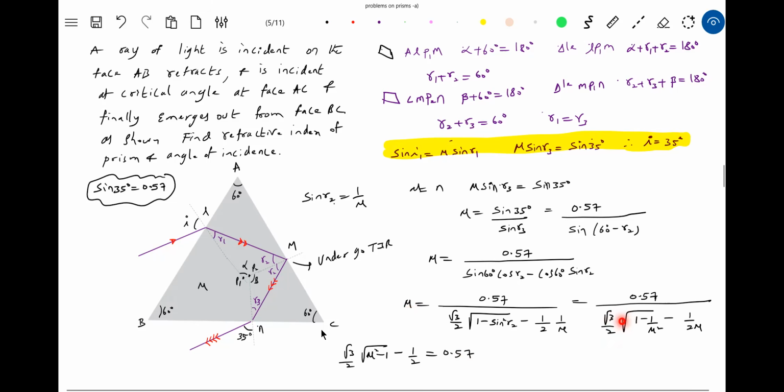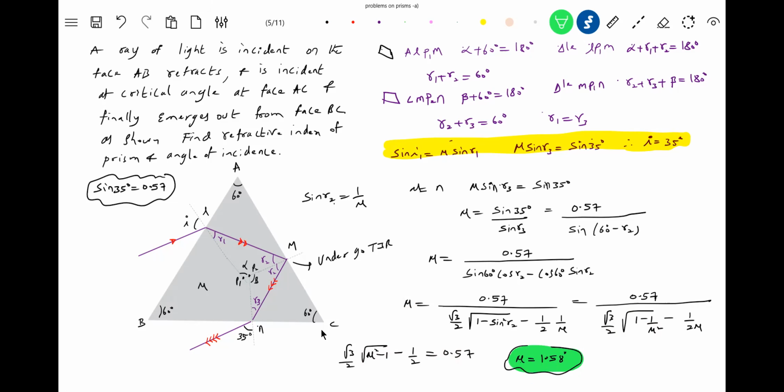The denominator in the RHS I'll send to the numerator in the LHS. Okay, this mu square minus 1. So under root, 1 by mu square will be 1 by mu, and it will get eliminated. Solving, I'll get the mu value, 1.58. This will be your answer.